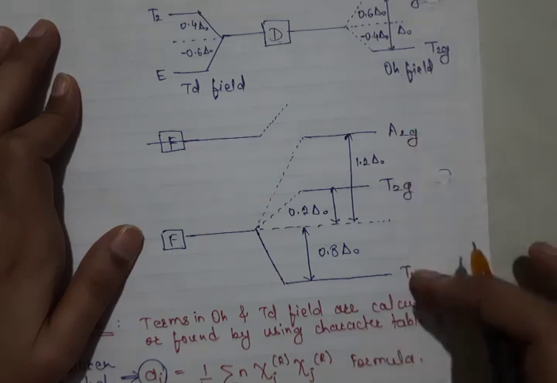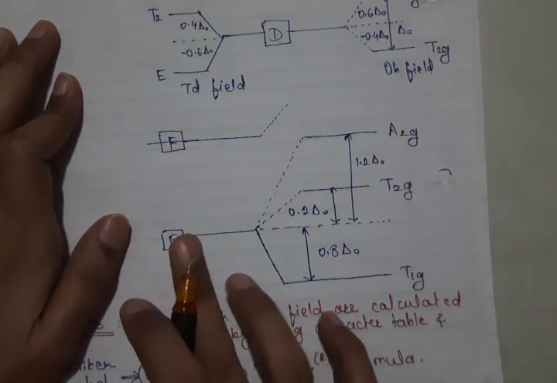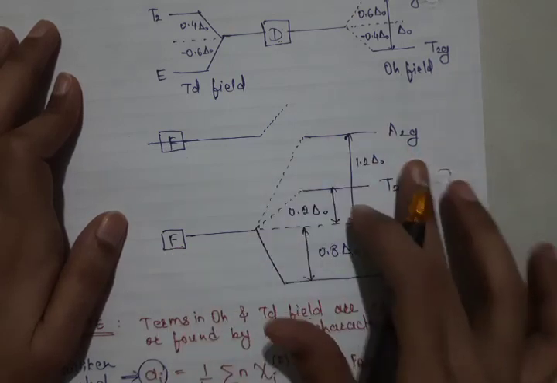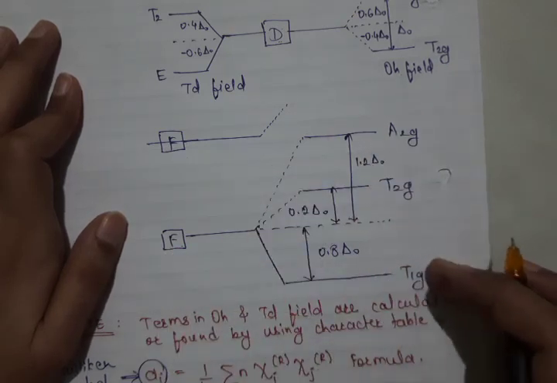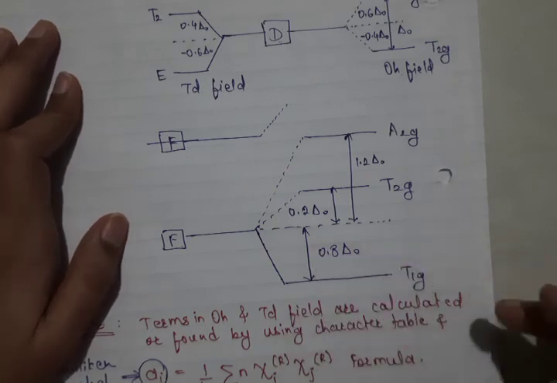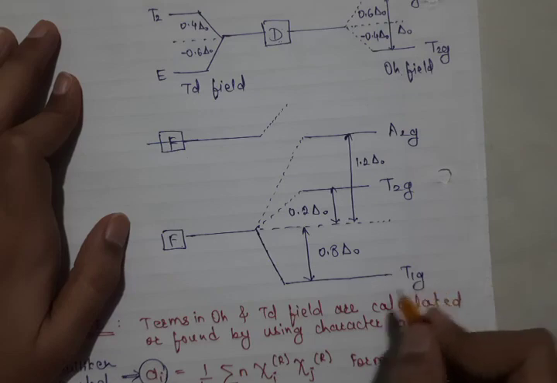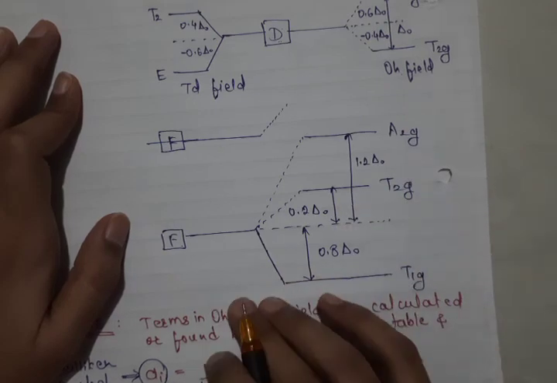So this is the splitting diagram for F term. This diagram is useful for calculating the transitions and all these things. You can remember this diagram for finding out the ground term and the transitions involved in the F term.